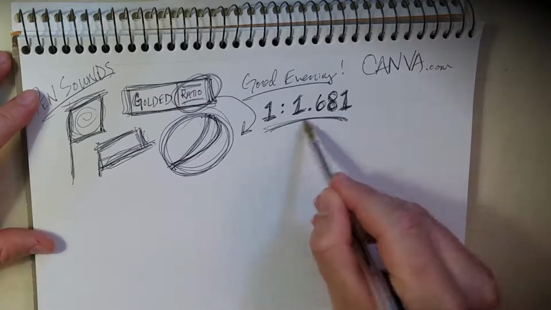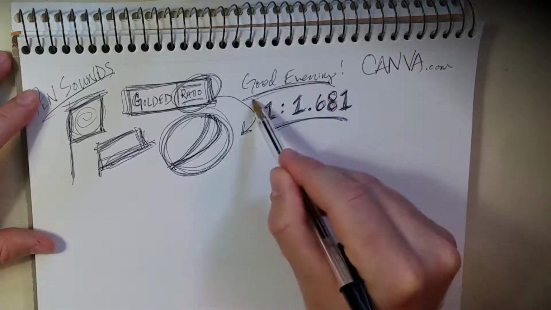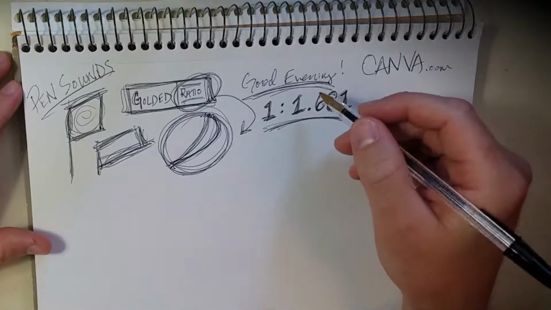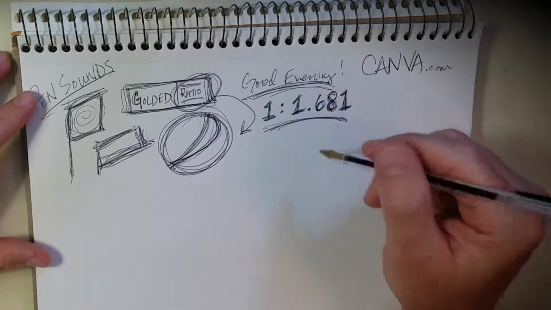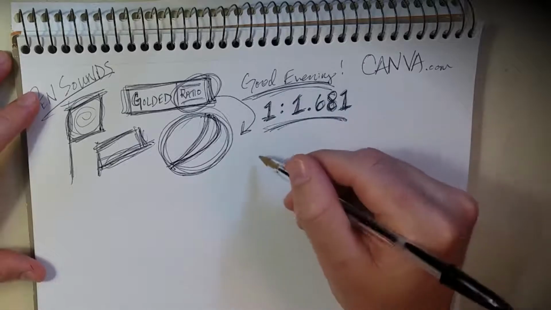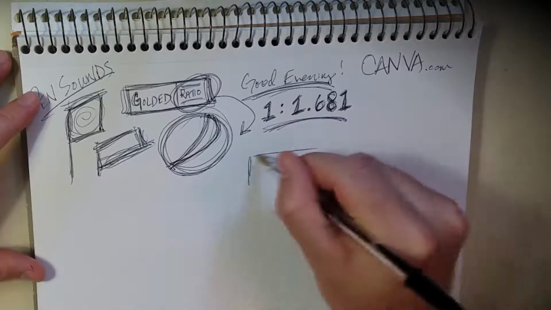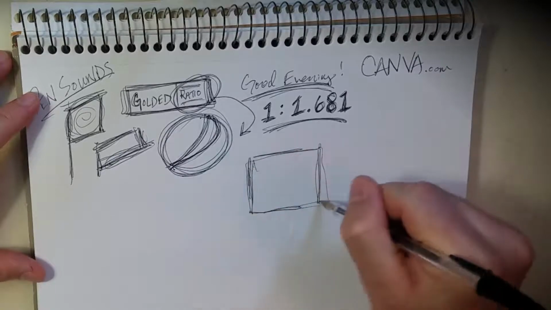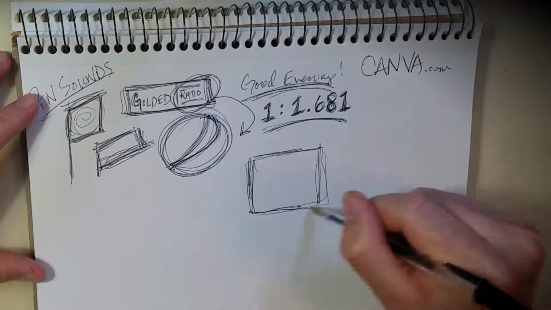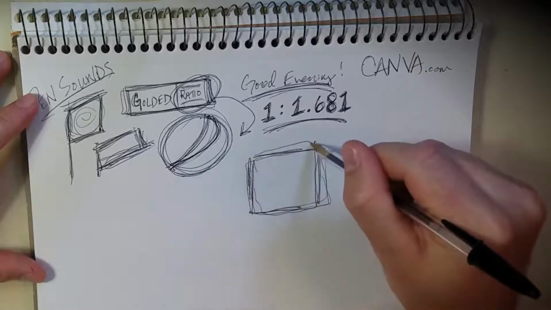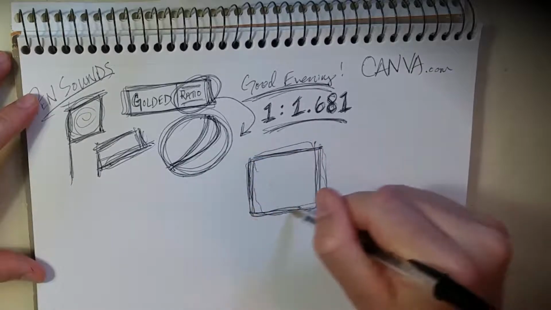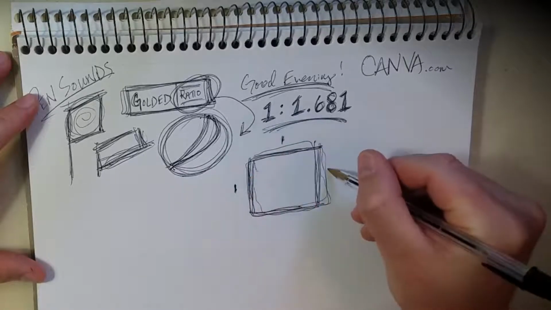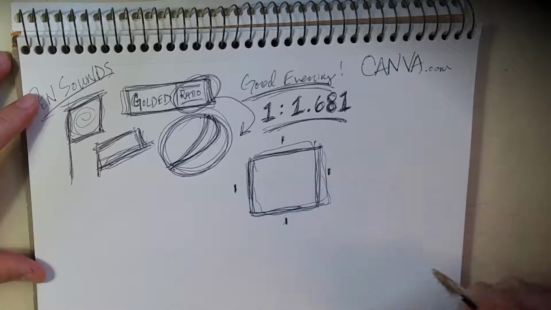So that is the golden ratio. And let's pretend we have a box, and all these sides are equal length.